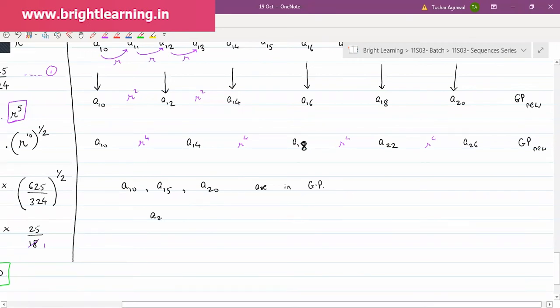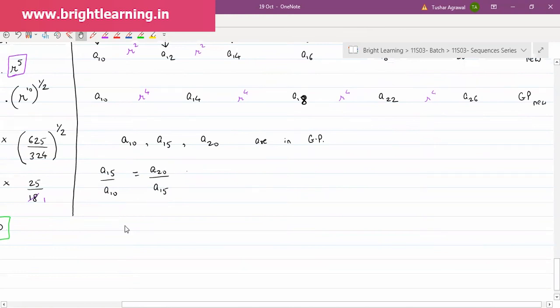So this result I will use: A20 upon A15 is equal to A15 by A10. Term to previous term ratio is the same. A15 upon 324 is equal to A20, and A20 is 625, given to me.